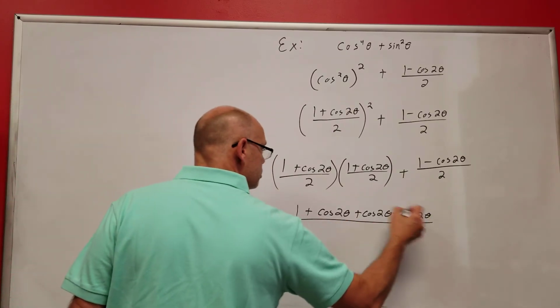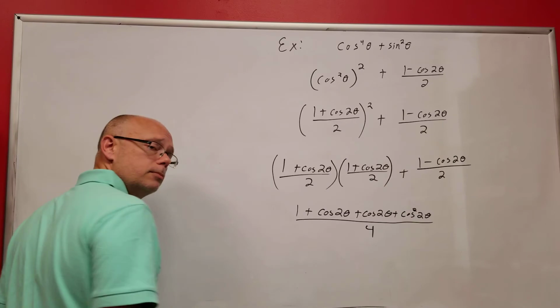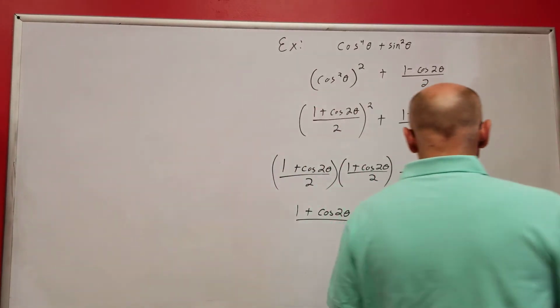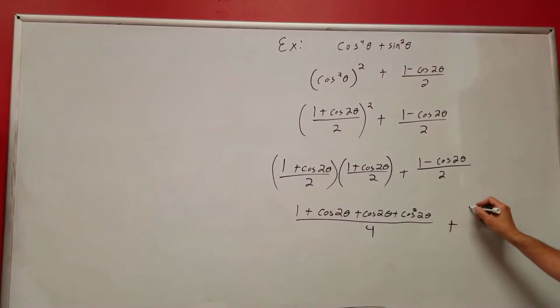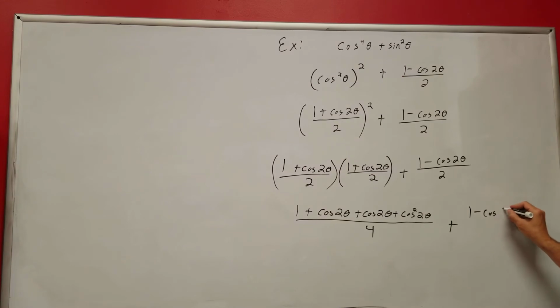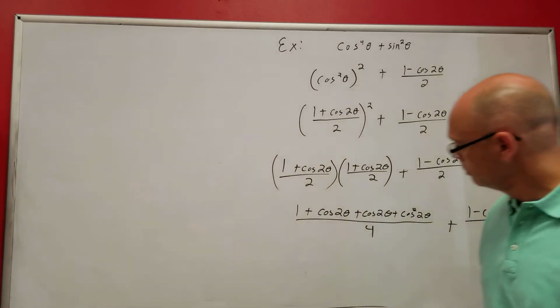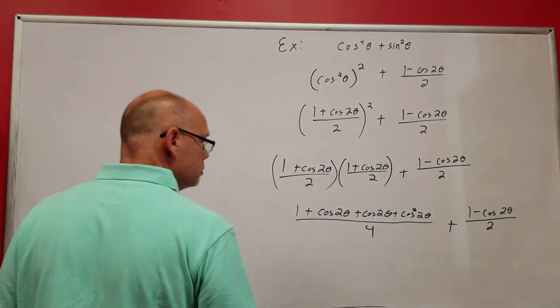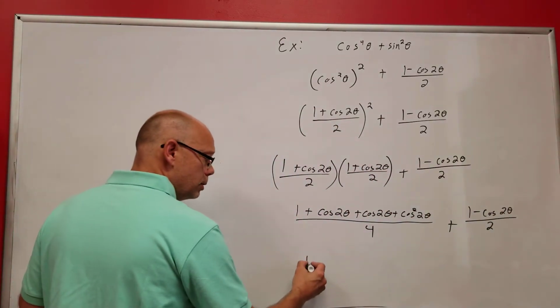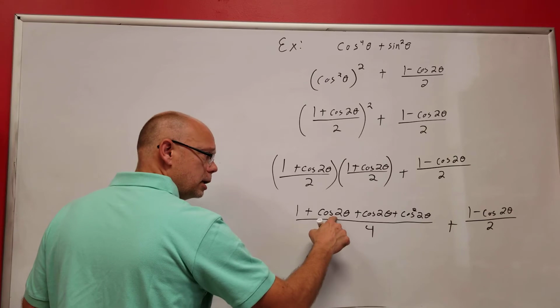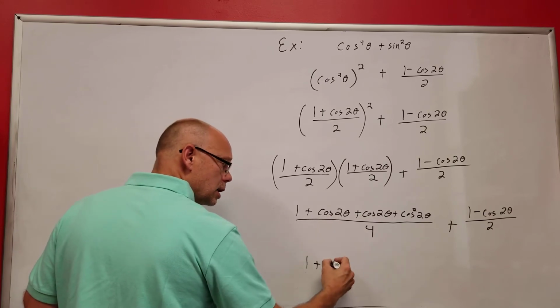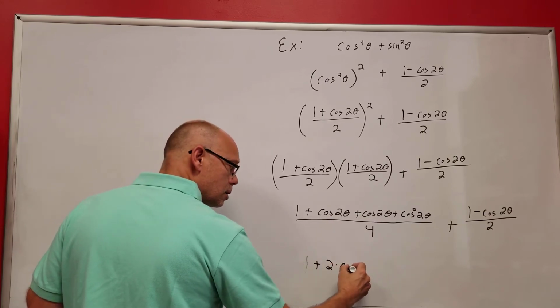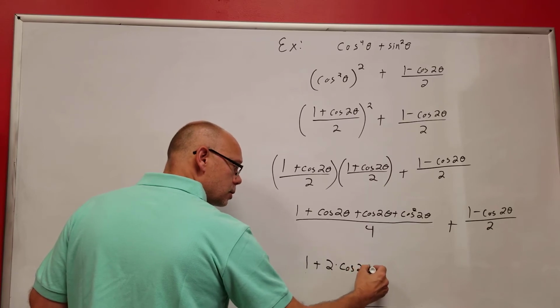Now at the bottom, 2 times 2 will give me 4. Plus 1 minus cosine of 2 theta over 2. Now right here we can say 1 plus cosine of 2 theta plus cosine of 2 theta is 2 times cosine of 2 theta.